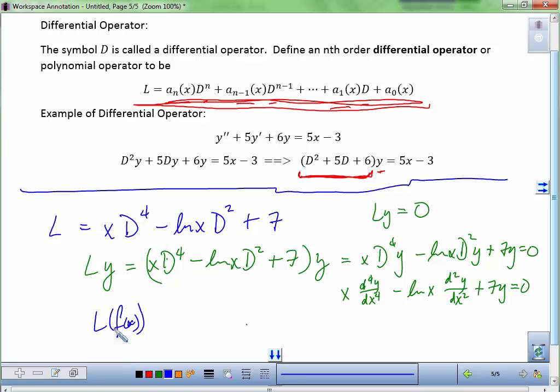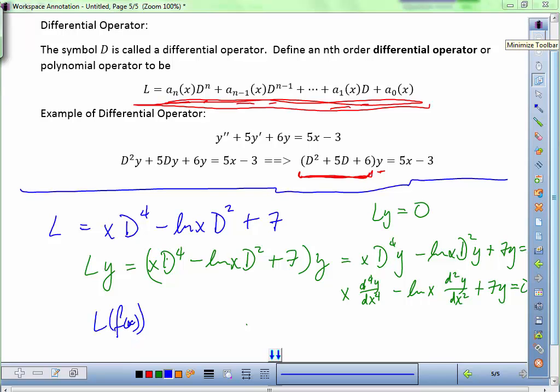Well, all this would do at this point is provide us with another notation. Now, how we would use it, well, we'll see later on. Okay? So that's a differential operator.